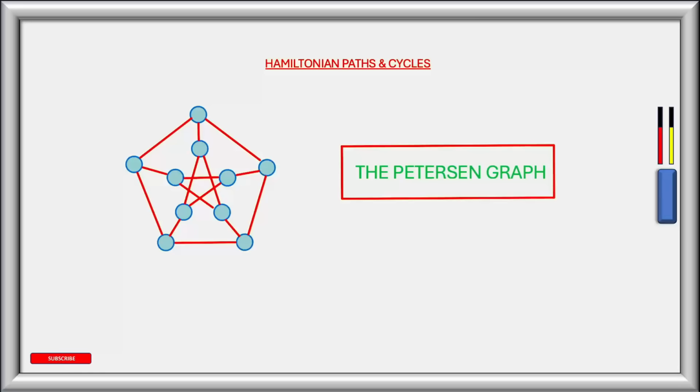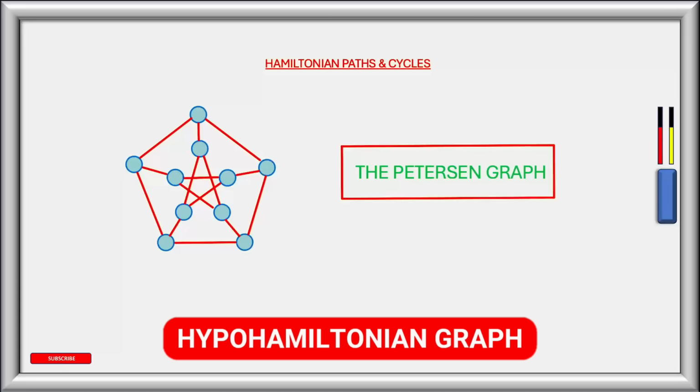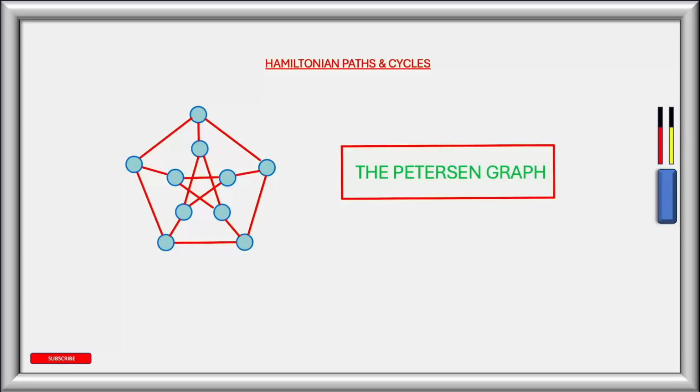However, the Petersen graph is what's known as a hypo-Hamiltonian graph. To be a hypo-Hamiltonian graph, a graph must satisfy two distinct conditions. Firstly, the graph itself is not a Hamiltonian graph, and so it doesn't contain a Hamiltonian cycle. However, if you remove any single vertex and the edges connected to it, the remaining graph suddenly becomes a Hamiltonian graph.